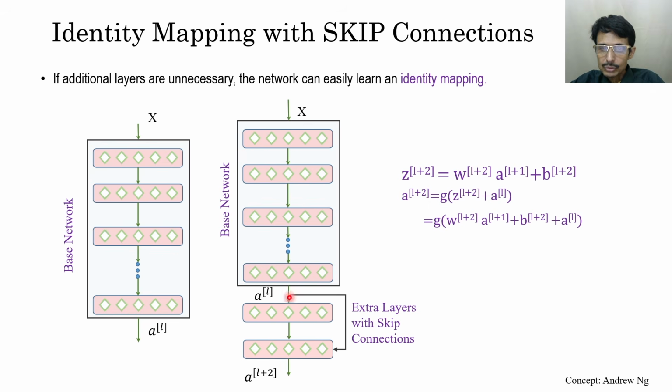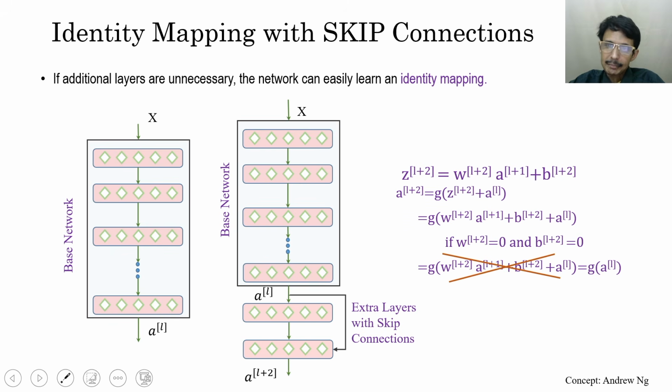Now, what is A of L plus 2 here? This A of L plus 2 is now Z of L plus 2 plus A of L due to this. So if we put Z of L plus 2 here, it is W of L plus 2, A of L plus 1, plus B of L plus 2, plus A of L. If there is no connection, this A of L is not there. That is the basic idea of skip connection.